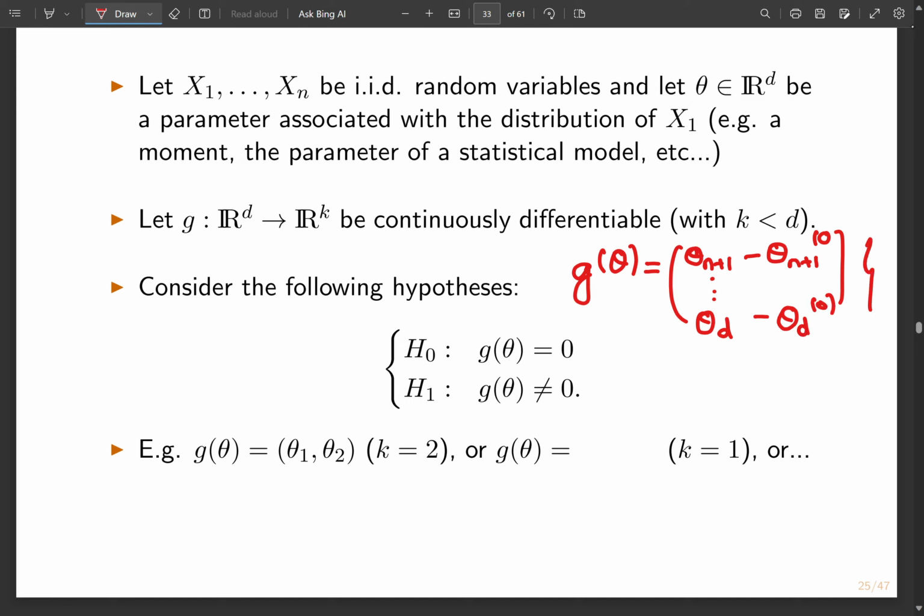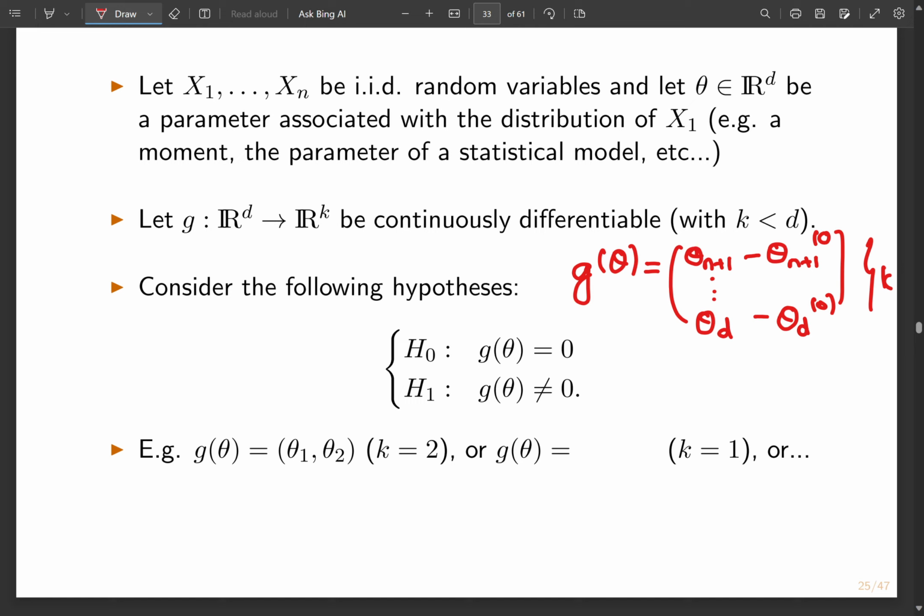And these are the last k values. These are the last subset of size k. These are the last k coordinates of the vector.